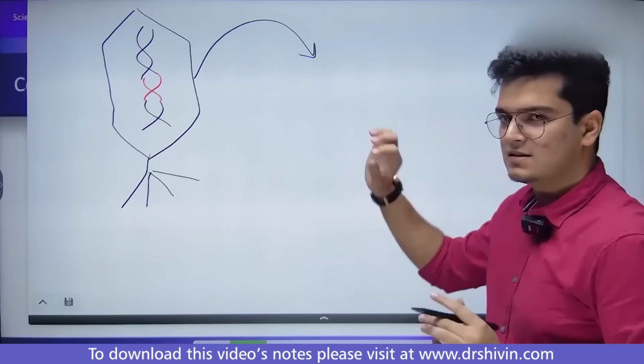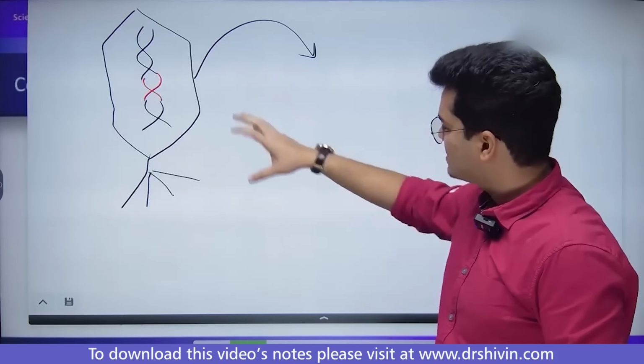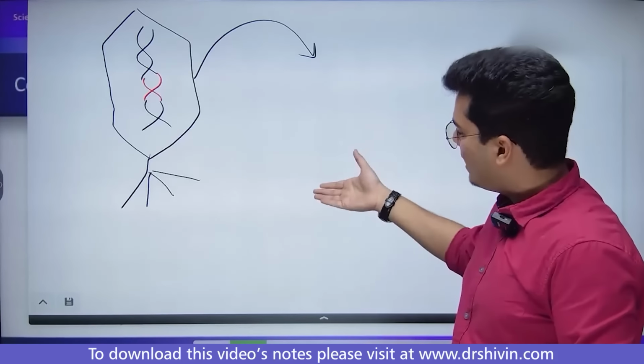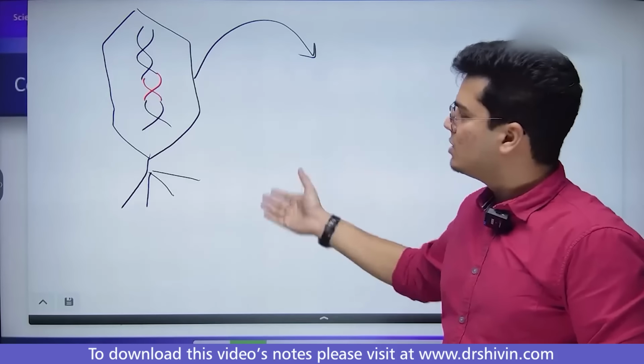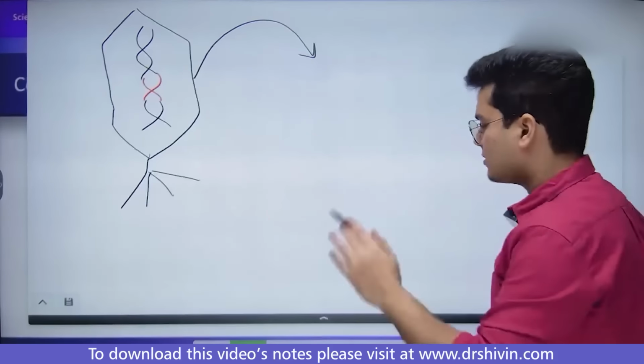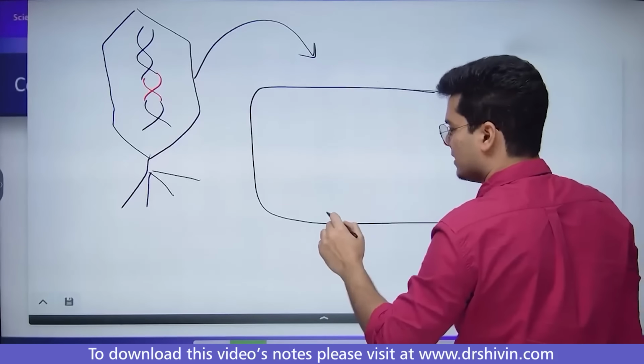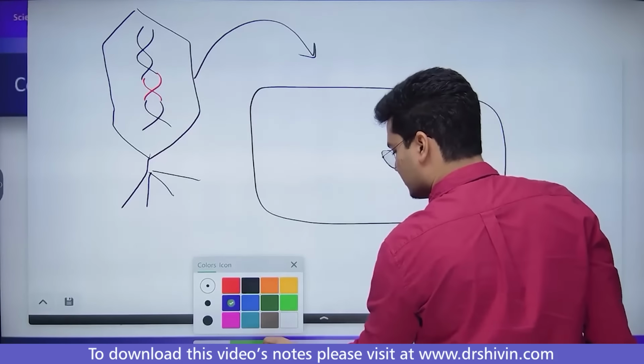Normally the adenovirus does a simple thing. It integrates its DNA into my cells, and when it is integrated into my cells, my cellular machinery produces the proteins the adenovirus DNA usually codes for. So now it will go into my cell. Now let's say my DNA looks like this.